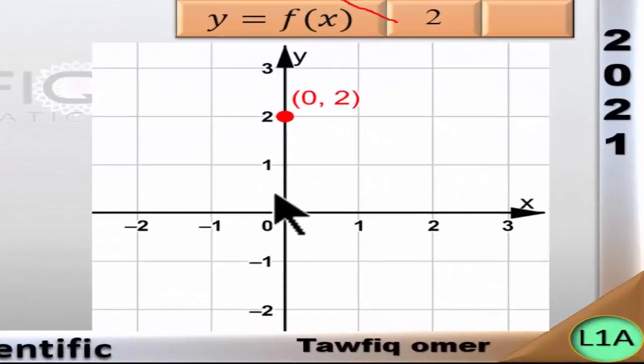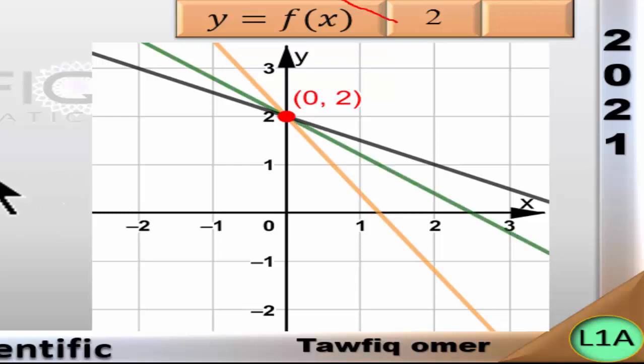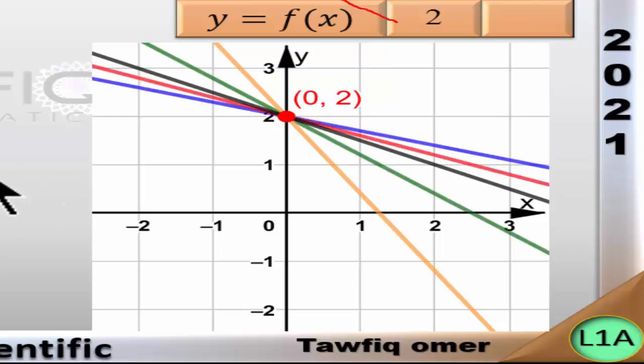This is 0, 1, 2. This is the point (0, 2). And now we can draw the decreasing line, as you can see. Another one can be drawn like this, and like this.